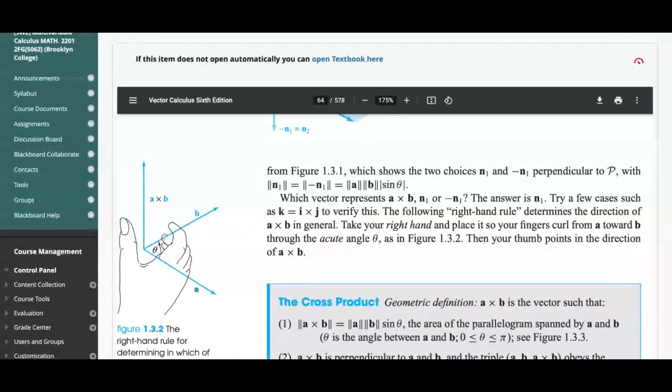A cross B is this normal vector. So think about A and B spanning a plane. So this normal vector A cross B is normal to the plane spanned by A and B.